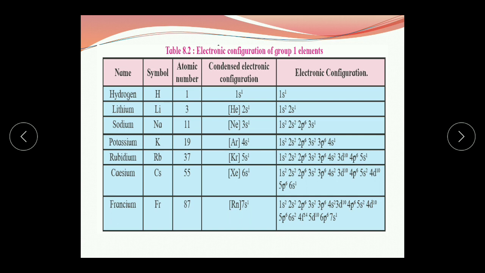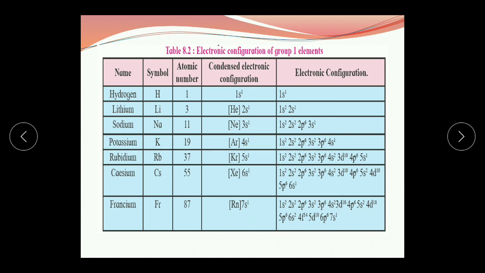Now hydrogen, atomic number 1, is 1s1. Lithium, atomic number 3, will be helium in square bracket 2s1, or we can say 1s2 2s1. In the condensed configuration, the nearest inert gas is written in the square bracket, and then the remaining electronic configuration is written in front of it.